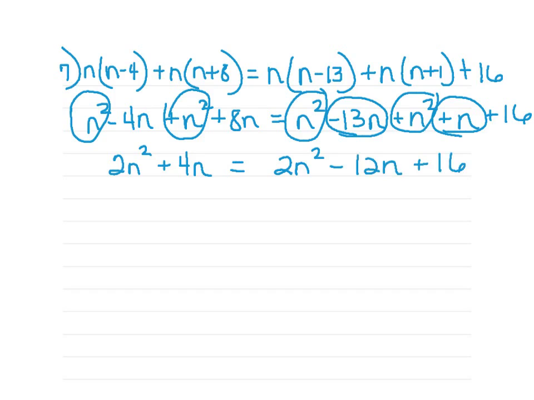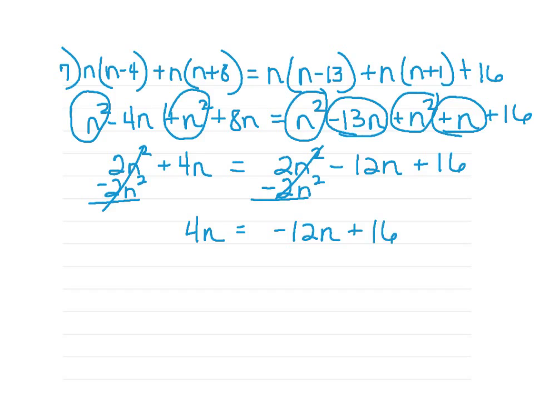Notice I have positive 2n squared on the left and on the right of my equation. If I eliminate that, I can do that by just subtracting 2n squared from both sides, and that will get rid of the 2n squared. I'll bring down 4n is equal to negative 12n plus 16.